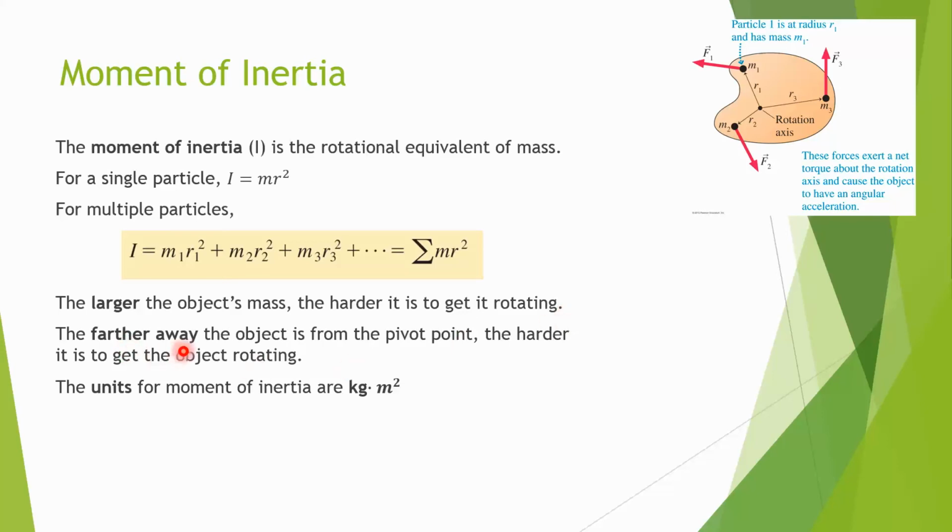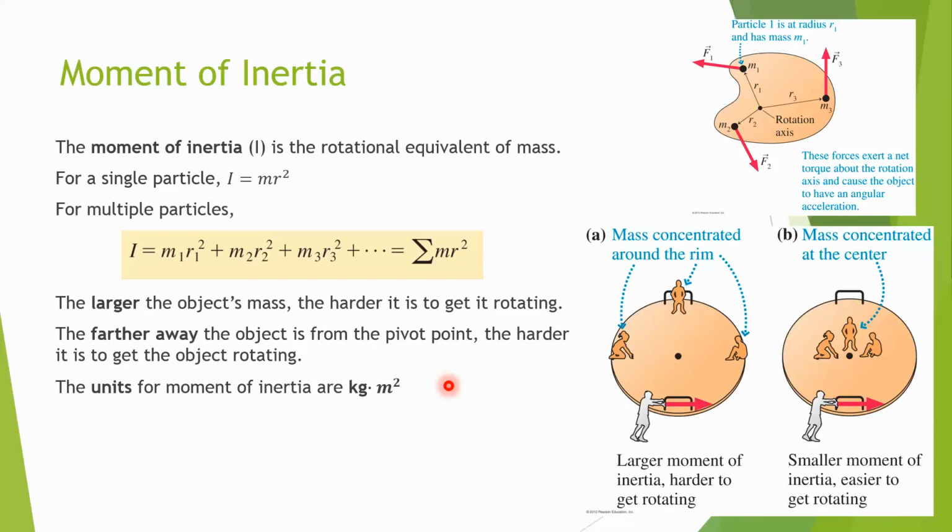Also, from the radius, the farther away the object is from the pivot point, the harder it is to get the object rotating. And I'll show you an example of that. But in the meantime, the units for moment of inertia are kilograms times meters squared, because there's mass times radius squared.